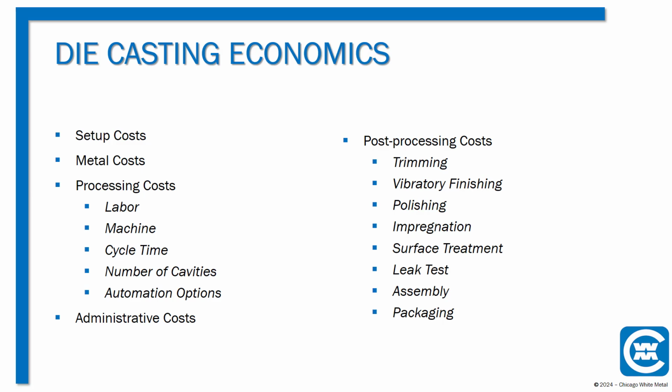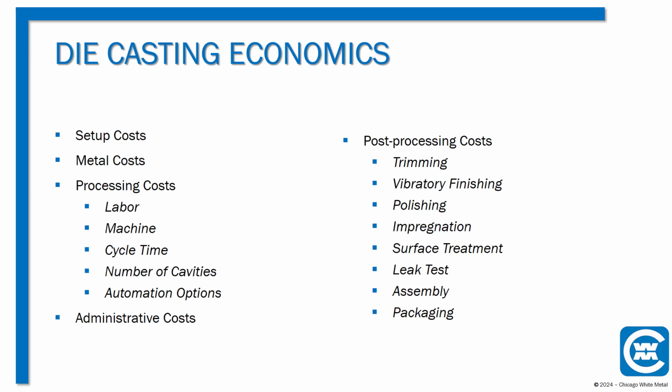Typically, we're in the 20, 30, 40-second cycle times per part. That's a typical thing for a die casting. The number of cavities in the tooling has an impact. Where we can automate, if we can use a cobot or a robot to do some operations instead of having a person doing it, that's a great opportunity that we always look at.